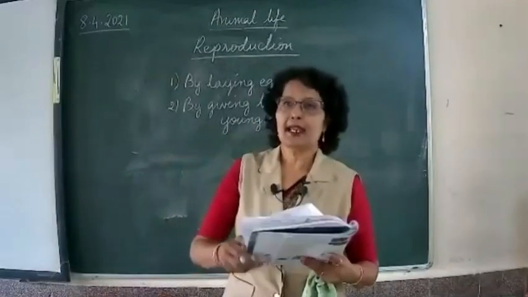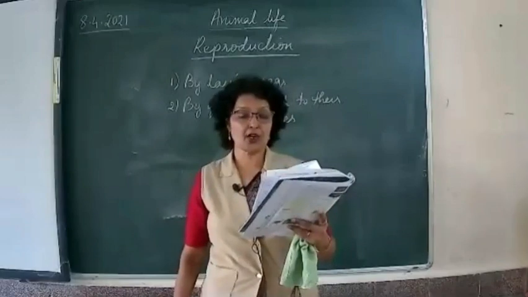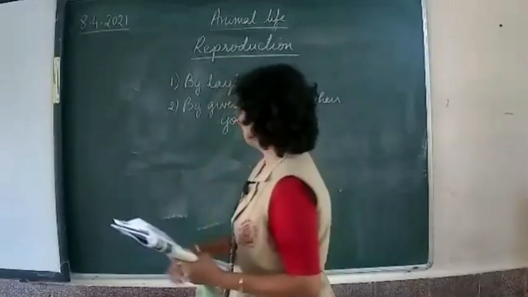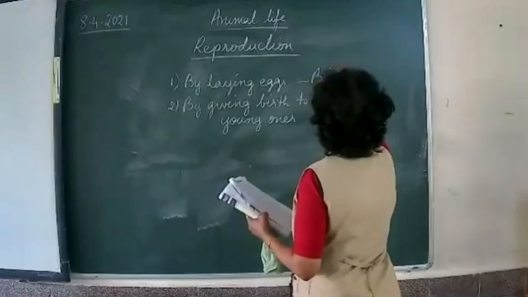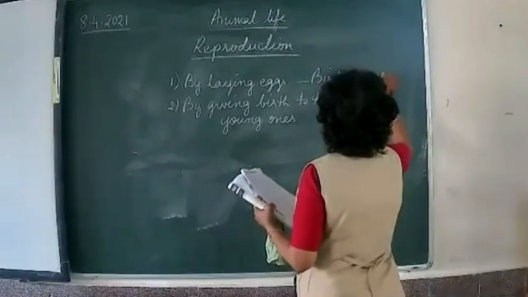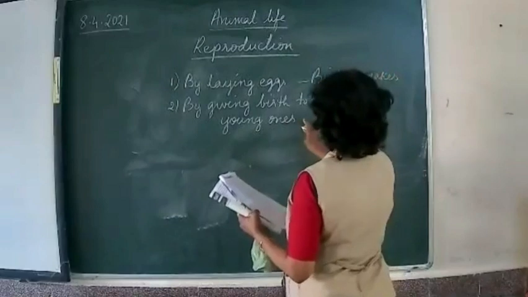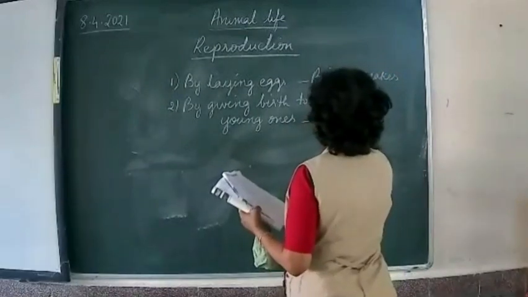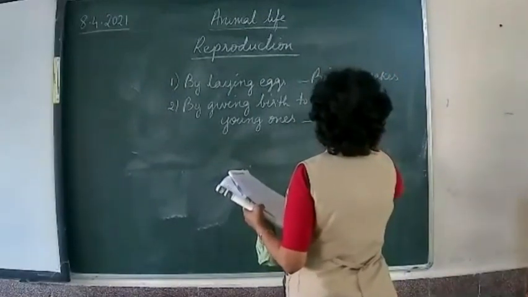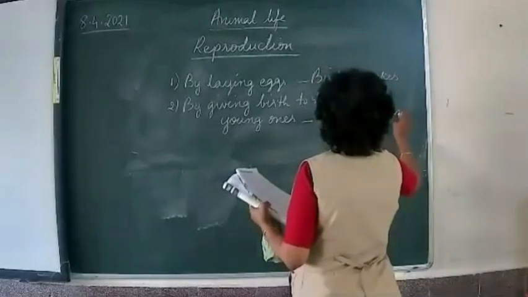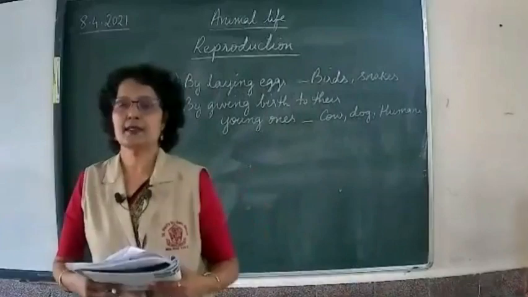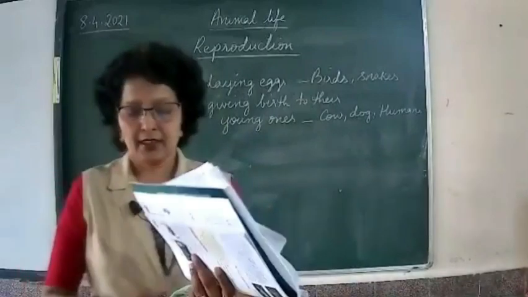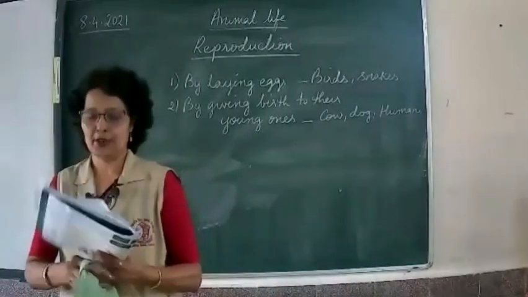Some animals lay eggs. Birds, frogs, snakes lay eggs. So these are the two ways in which animals reproduce.